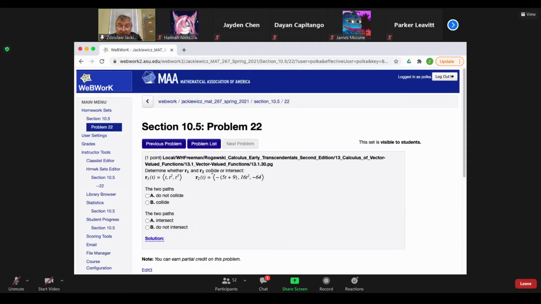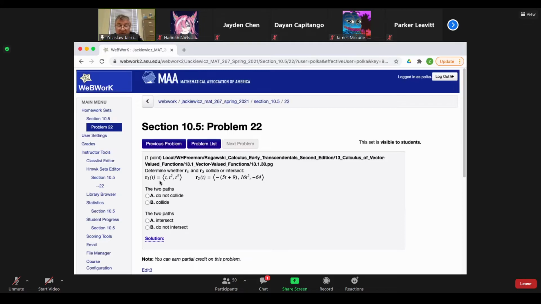So here is the following. We have two curves, r1 and r2, in space. Curve r1 is t, t squared, t cubed, and curve r2 is minus 5t plus 9, 16t squared minus 64. You can think that they form some trajectories.